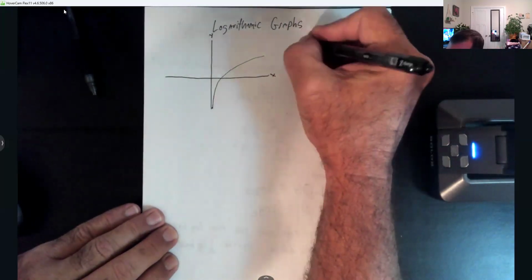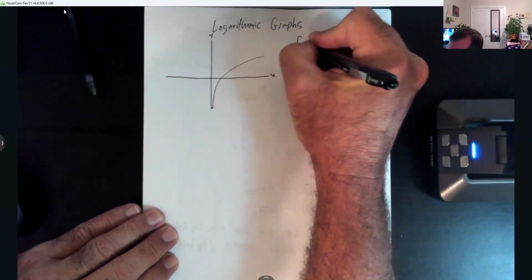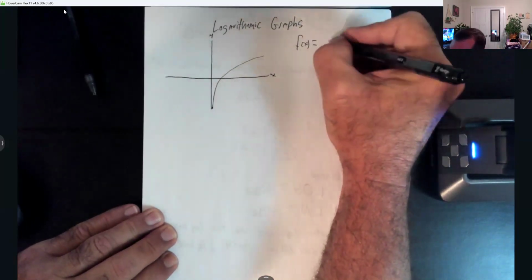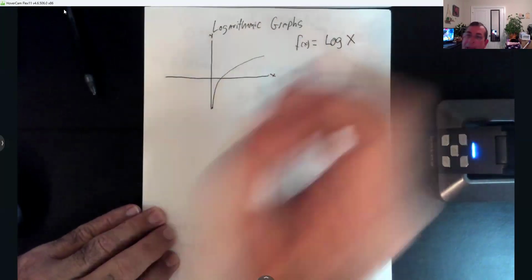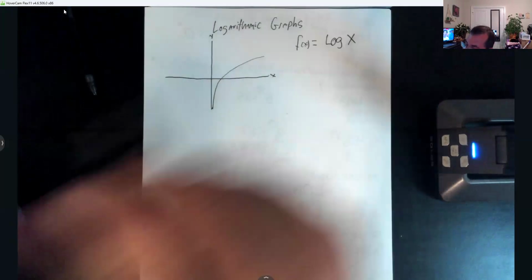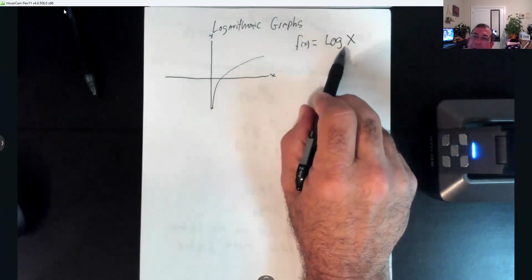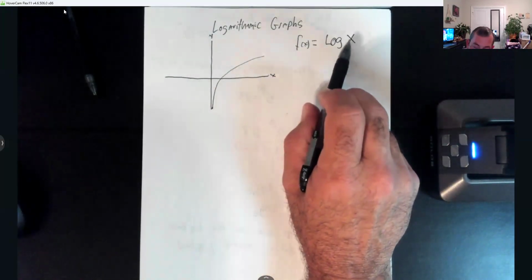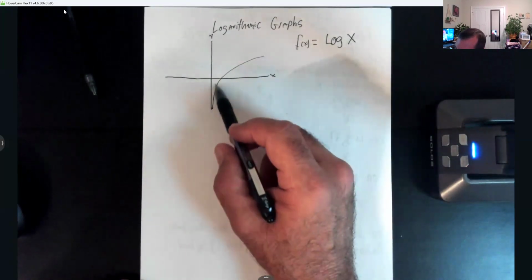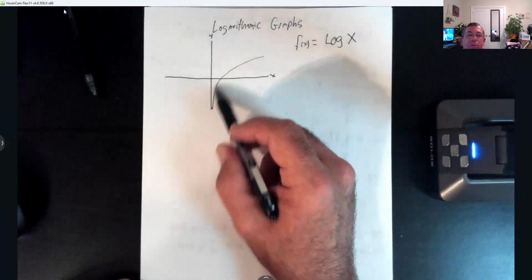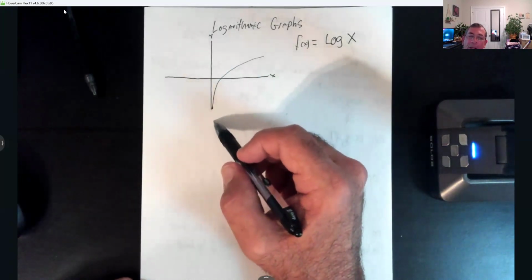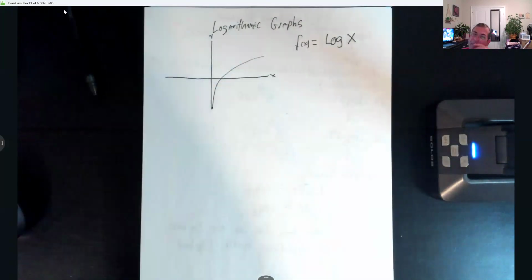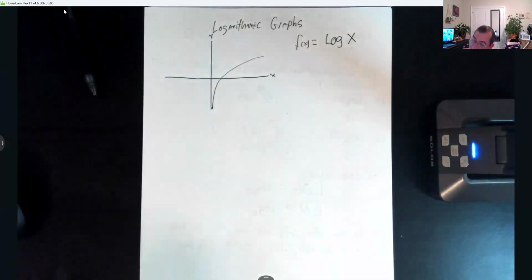So these will be your graphs of f of x equals log x. Okay. Now remember, if you got a base other than 10, you'll put that base there. But these logs are going to sort of make that graph go uphill to the right. It will not cross the y-axis. It tries to get close to it, but it never can cross it, okay?